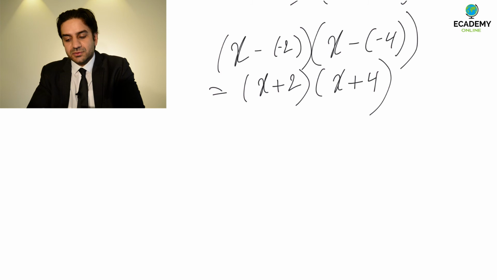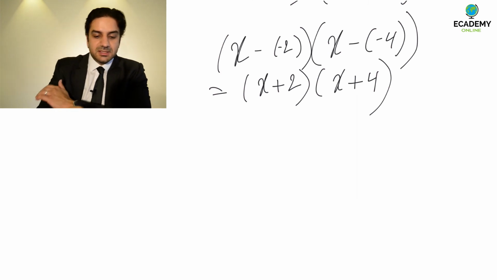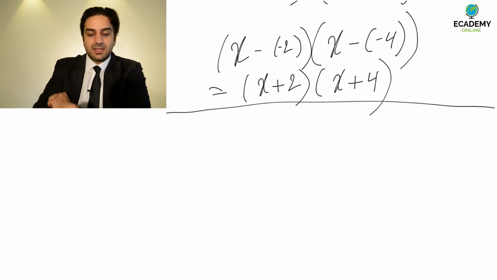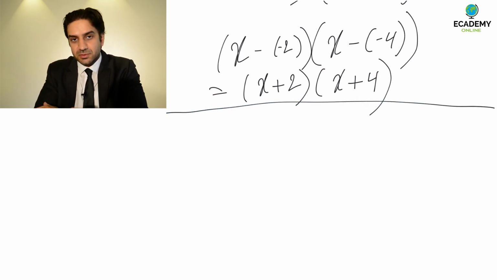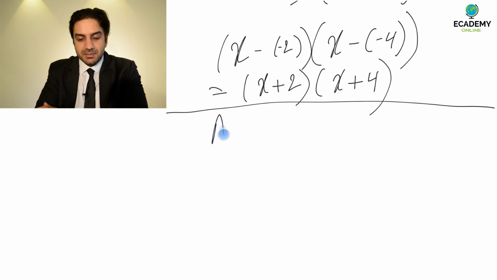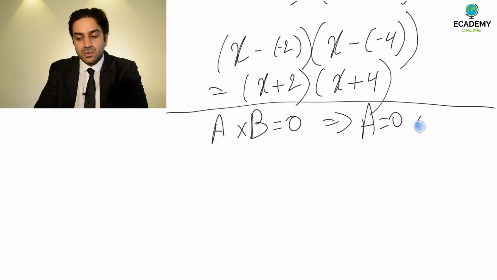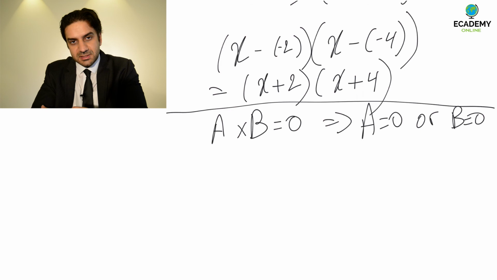This is a very useful tool for us to solve quadratic equations. Basically, the rule says any two numbers multiplied by each other equal to 0, that means one or both of them is 0. So if I had any two values, let's say capital A times capital B equal to 0, this means capital A equals 0 or capital B equals 0 or both. Now we can solve this, and this is why they're called roots or solutions.